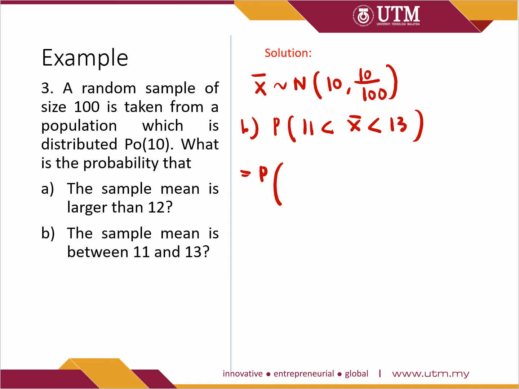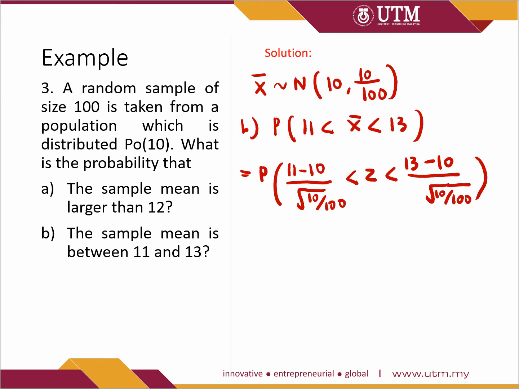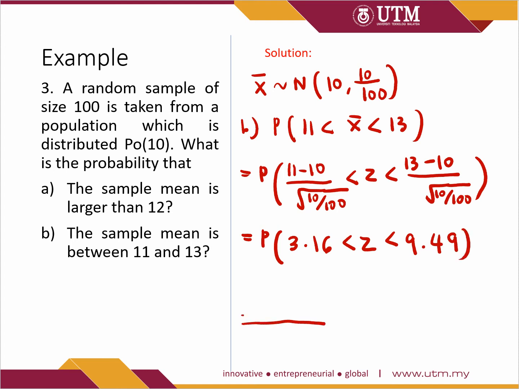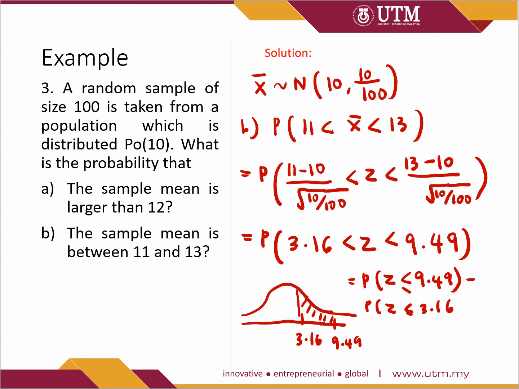So we transform this to the standard normal distribution, over square root of 10 over 100, Z. So we want to find the area between this, which means that we have to find the probability of Z less than 9.49 minus the probability of Z less than 3.16.